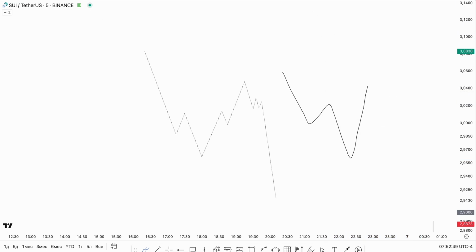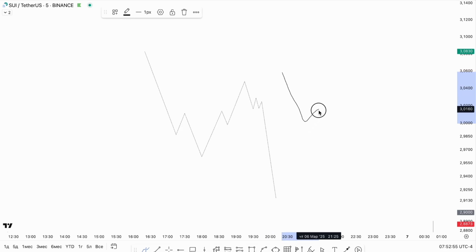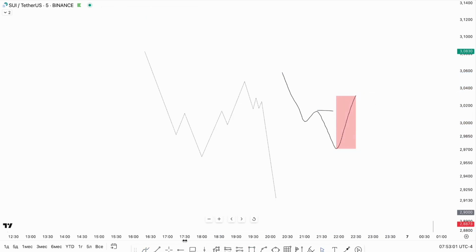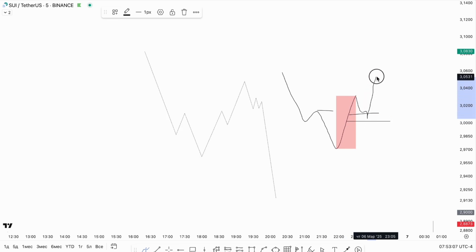What are baits? This is when the price encourages people to make impulsive movements. For example, the price removes the inducement, making a buy bait in this case, giving a new correction, goes into imbalance, and makes another impulsive movement giving a new buy bait.